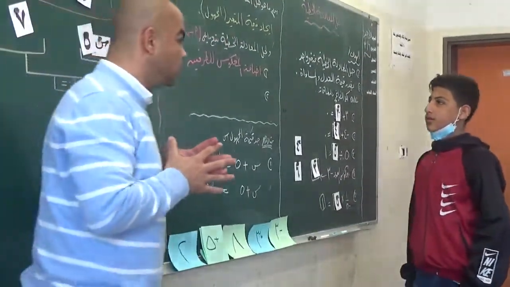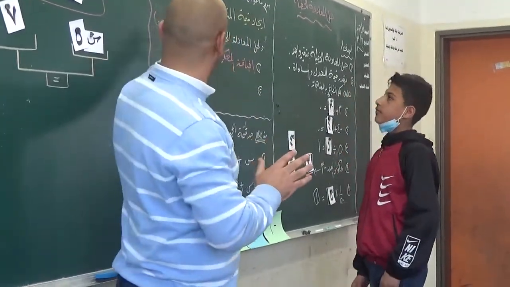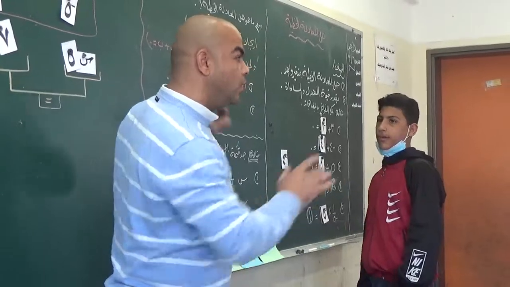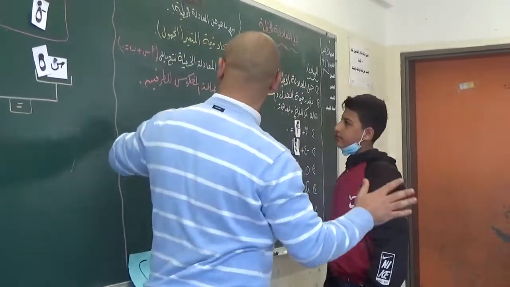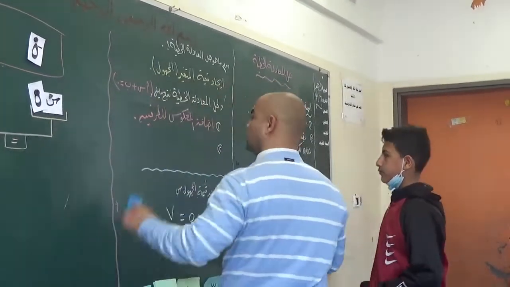Student: Firstly, I added the opposite of 5, which is minus 5, in the model equation. We added the opposite number for the two sides.